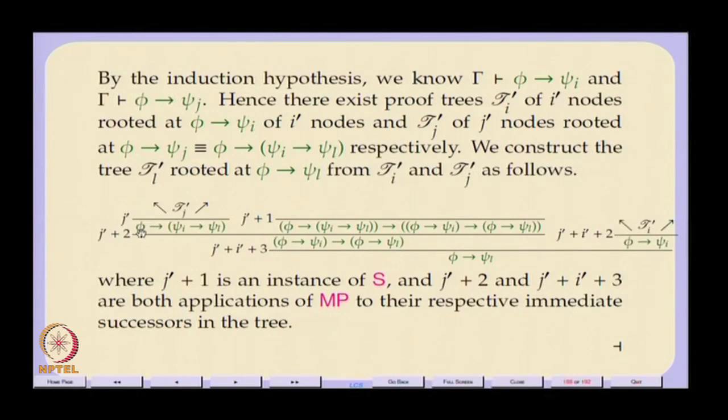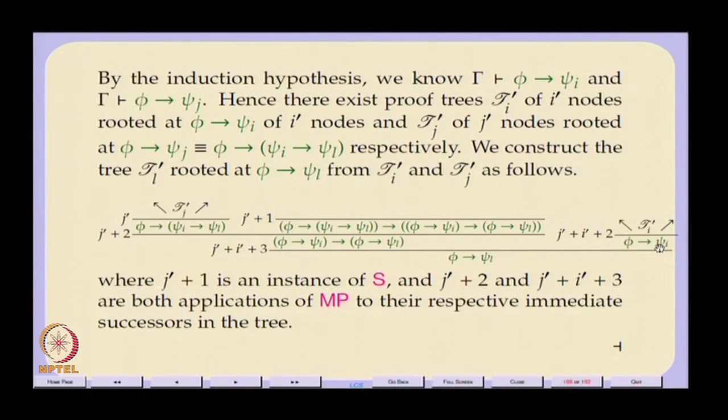Okay. These two steps j prime and j prime plus 1 are instances of the hypothesis of modus ponens, and so I can get the step j prime plus 2 by an application of modus ponens, which will essentially give me (phi arrow psi i) arrow (phi arrow psi L). The tree T i prime is already rooted at phi arrow psi i.